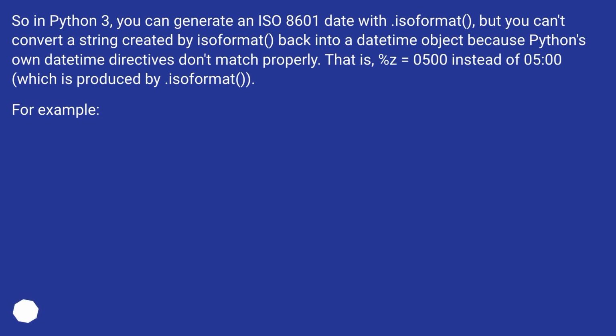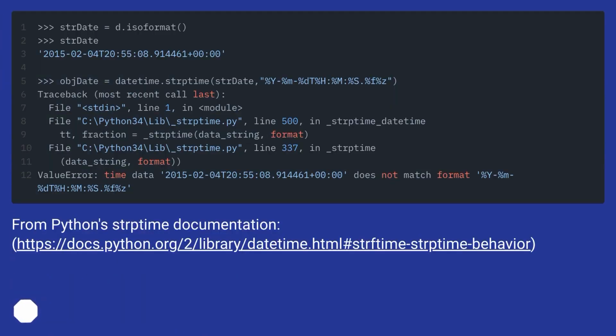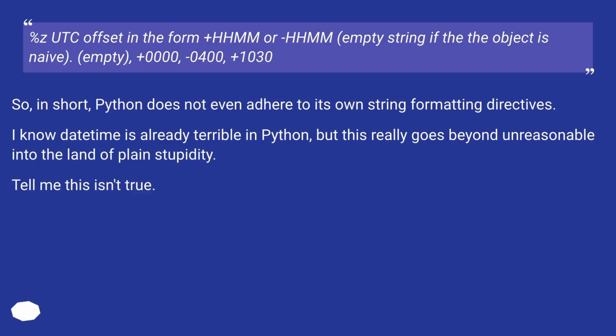For example, from Python's strptime documentation, this URL: %z, UTC offset in the form +HHMM or -HHMM, empty string if the object is naive, for example empty, +0000, -0400, +1030.